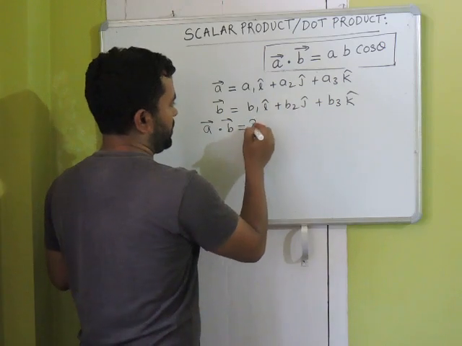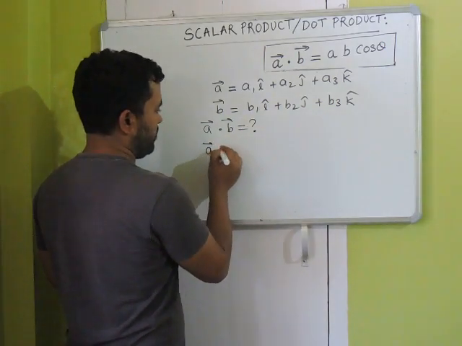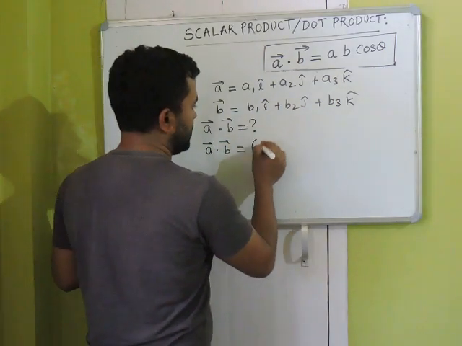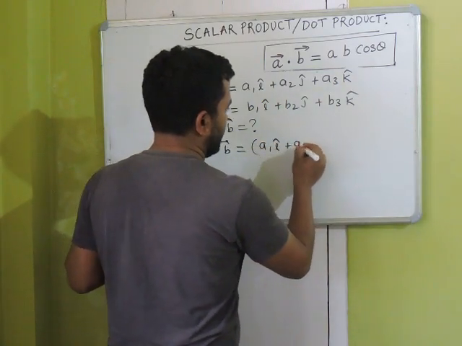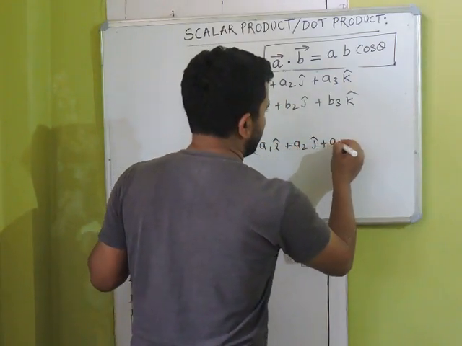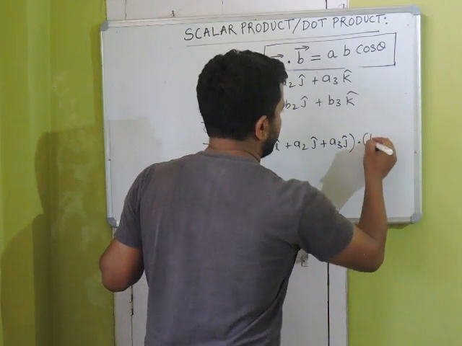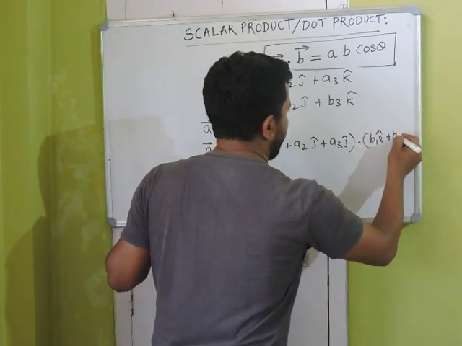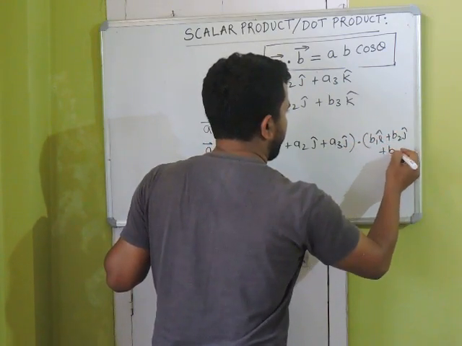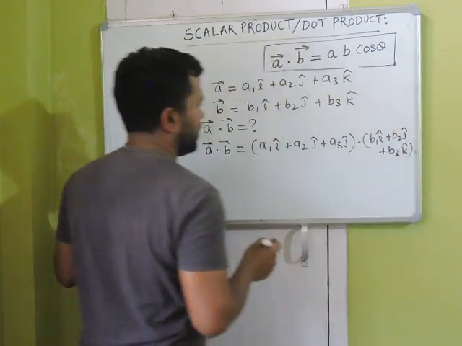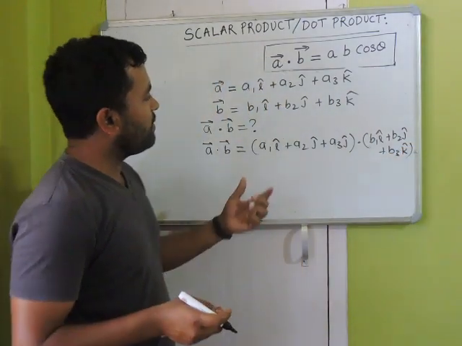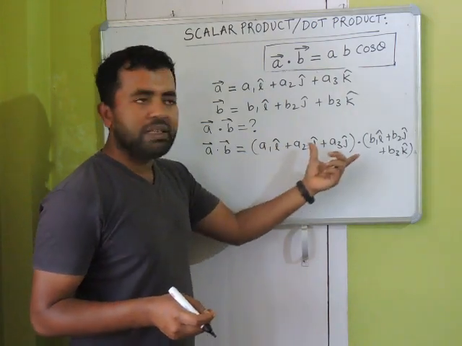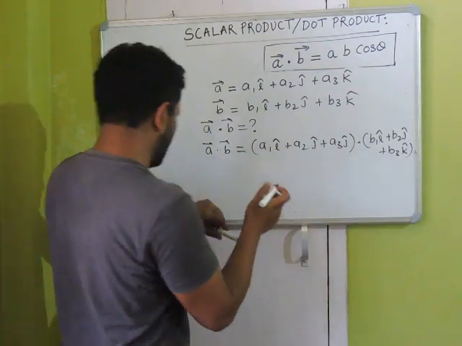So A dot B will be, write down the vector A, now you can see you will have nine pairs, right?